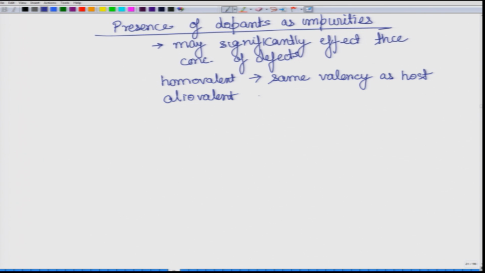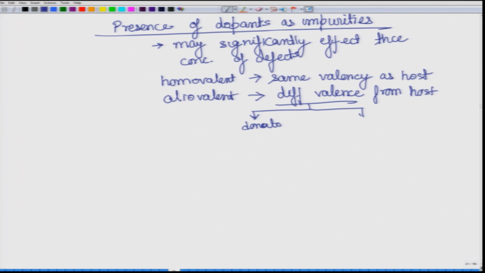Now, aliovalent dopants are the ones of interest to people in semiconductors. Why? Because they can either donate electrons or accept electrons, and therefore they can change the relative concentration of N and P, the number of electrons and number of holes.